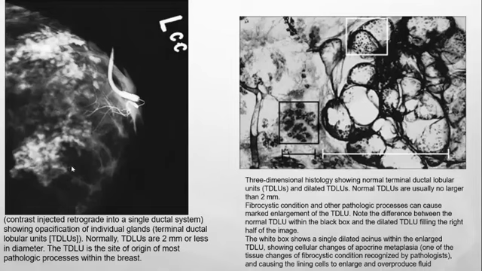That is why it looks like a dense mammogram, but it is a ductogram, and there are numerous terminal duct lobular units, a more glandular breast, but these are still 2 millimeters or less in diameter, representing normal terminal duct lobular units. While in this histology image, this is a normal terminal duct lobular unit, while this is a definitely enlarged terminal duct lobular unit, and the acini within it are also enlarged in a patient with fibrocystic change. Okay.